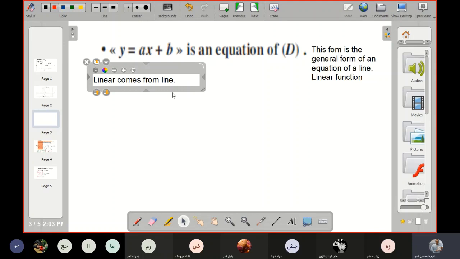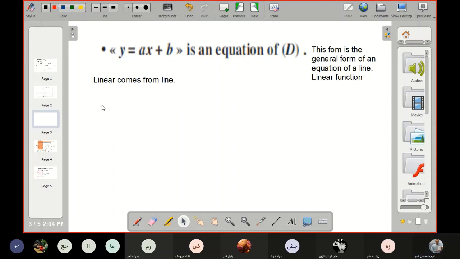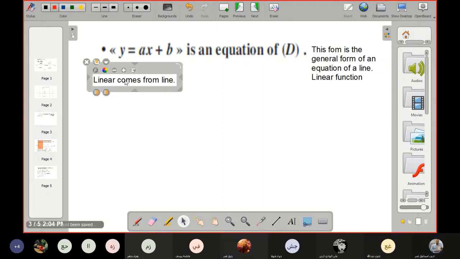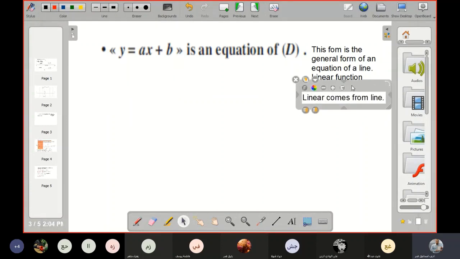In grade 9, we are going to work only with linear functions, with lines in the coordinate system, okay? Understood? Yes. Linear comes from the word line, meaning that when we draw this equation on a system of coordinates, the graph should be a straight line.